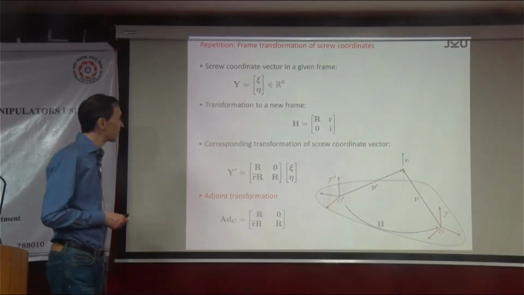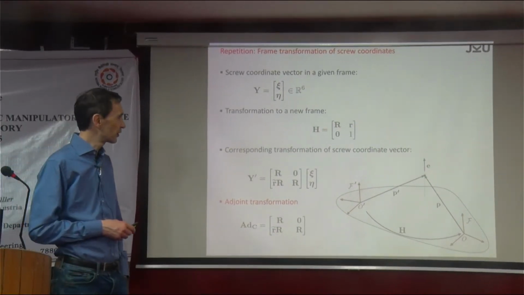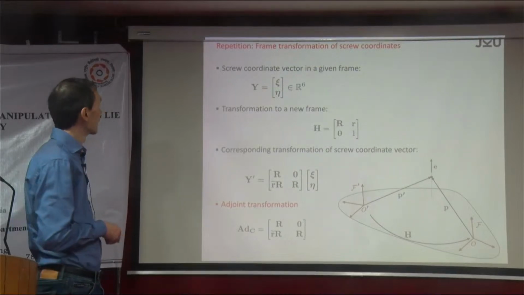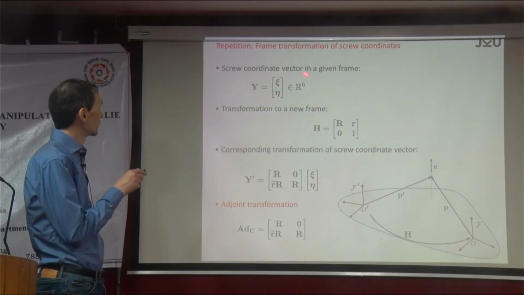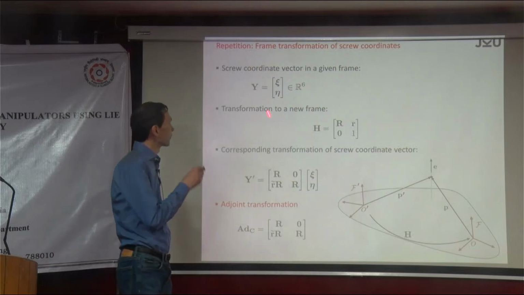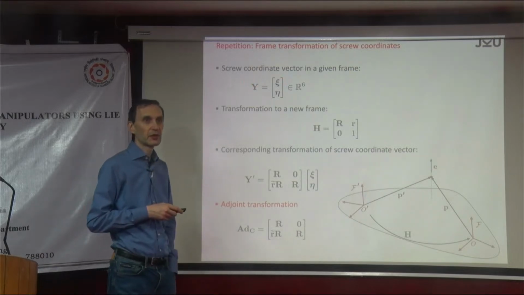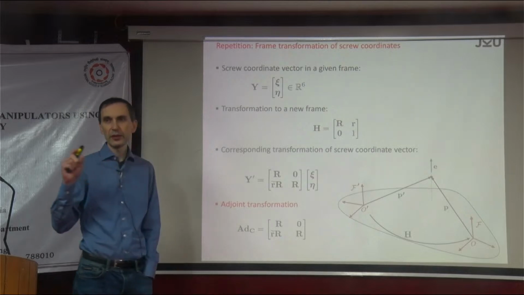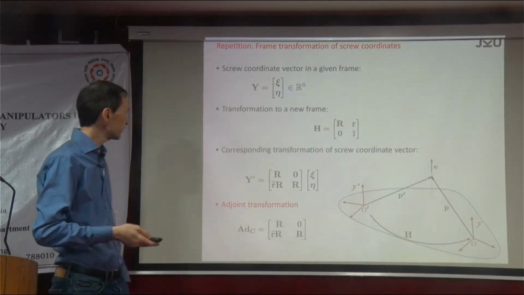Just to remind you what we did yesterday. It's good to remind you because it's all new. We call a 6-vector a screw, in particular screw coordinates if it is going into the exponential mapping.